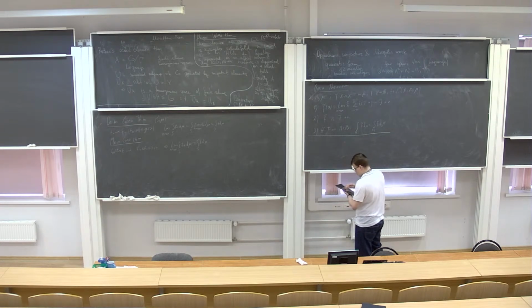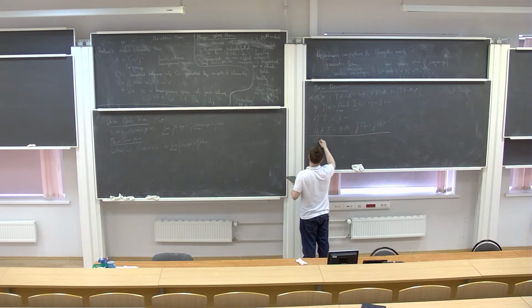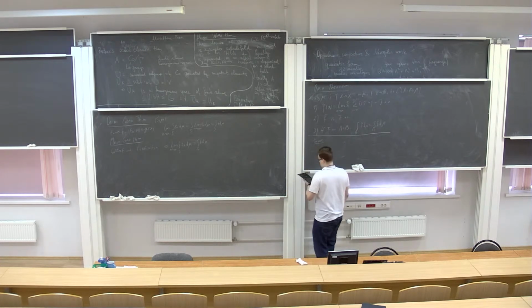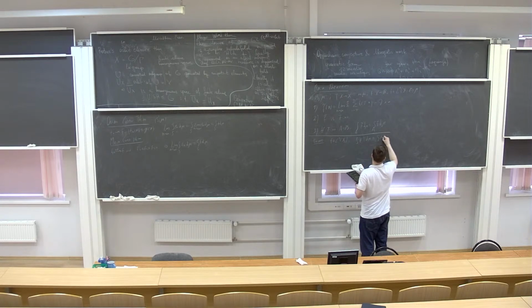But before we start the proof of the theorem, we will need a quick proposition. Proposition 1: if we have some integrable function on our space X, then the integral of f∘T d mu is the same as the integral of f d mu.